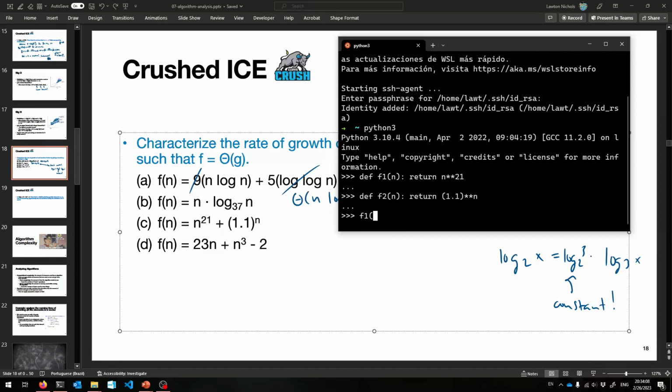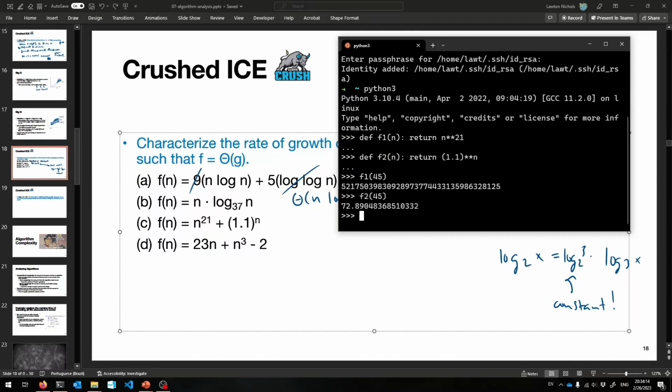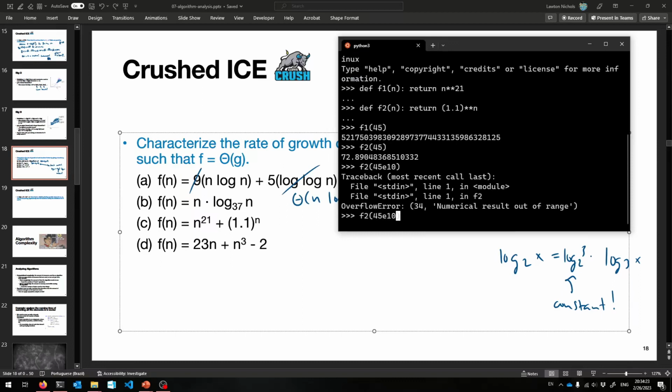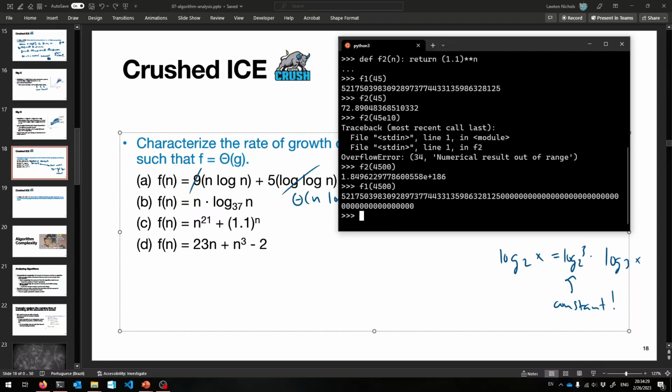So f1 of 45 is 45 to the 21st power. f2 of 45 is still quite small, but I promise that when this gets big, like 45 e to the 10 or something, oh gosh, that'll never give me an answer, will it? 4500? How about that? And f1 of 4500. This has 186 digits. This one has less than that.